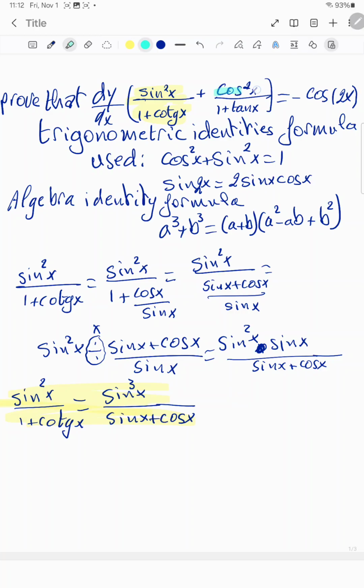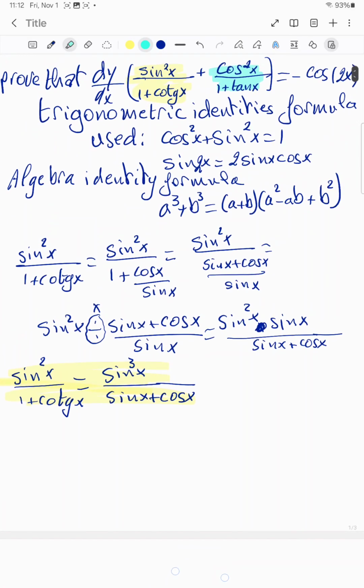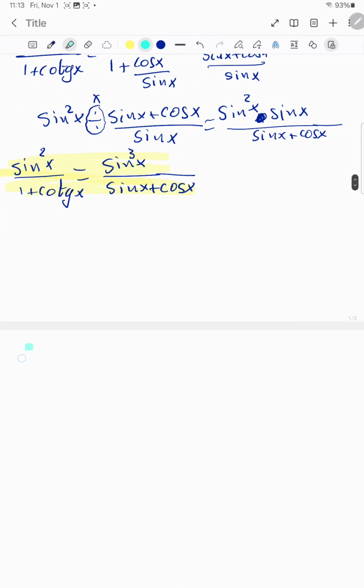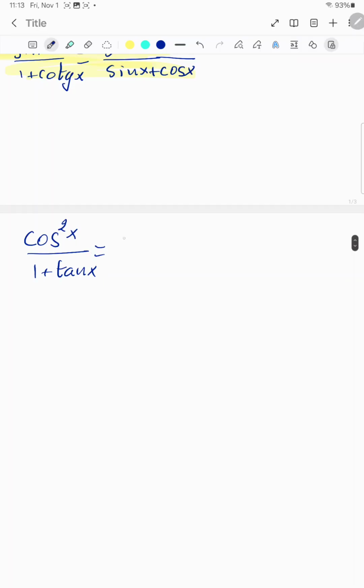Now let's work on that side of my function. I will take cosine square of x divided by 1 plus tan of x. I can write it as cosine square of x divided by 1 plus sine of x divided by cosine of x, because tangent is sine divided by cos.